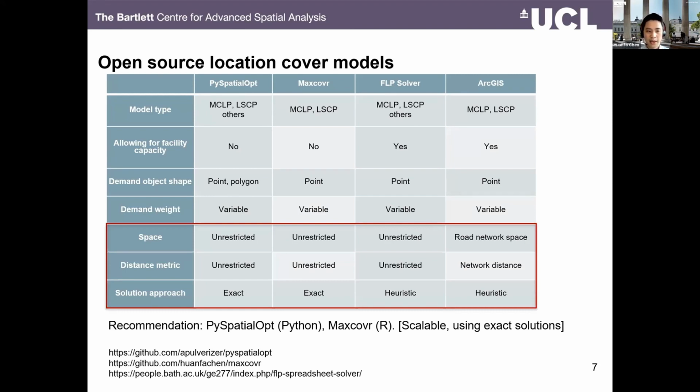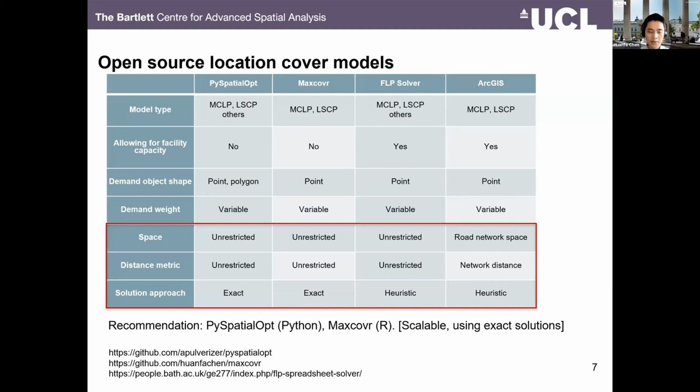The first one is PySpatialOpt, which is based on Python. This package is recommended because there's no limitation in the space and the distance metric in this package. You can use it for network distance analysis or for Euclidean distance.